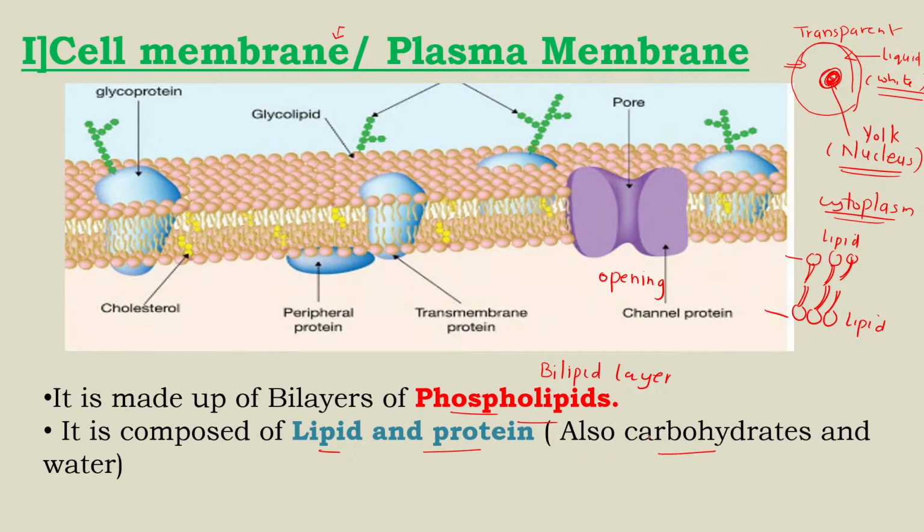Just like we need stones for the construction of walls of a house, we need bricks, cement, and sand. These are the basic essential things for the construction of a house. Similarly, the cell membrane, along with the lipid layer, contains proteins, carbohydrates and water as well.